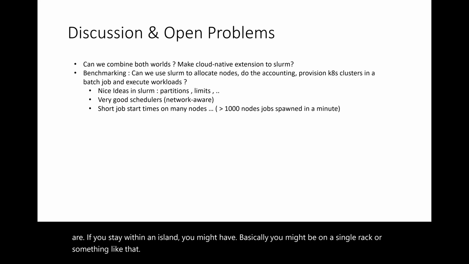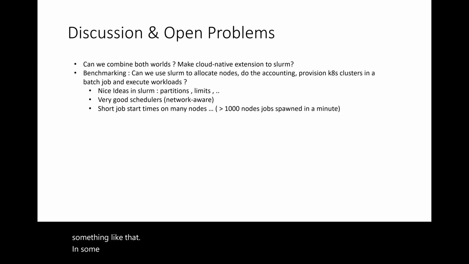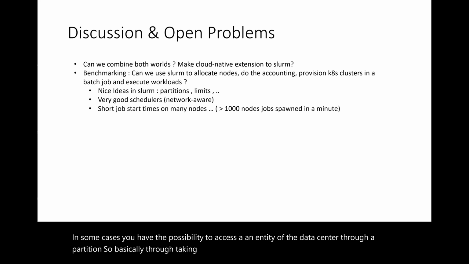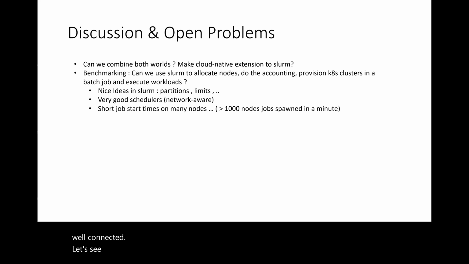So in some cases you can access an entity of the data center through a partition. By taking this partition, I will be running on an island which is very well connected and will give me very good latency in terms of communication.